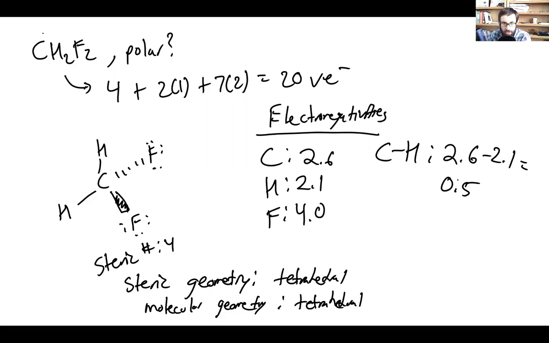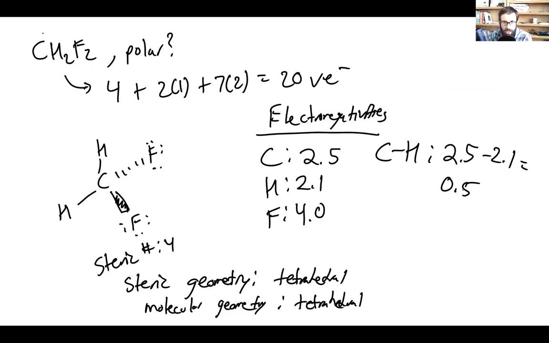And actually, just for simplicity, in some charts they'll call carbon 2.5. This will just make the example slightly simpler. It was 2.55 on my chart, but I was rounding up, so let's round down. On your chart, it's going to be 2.5.